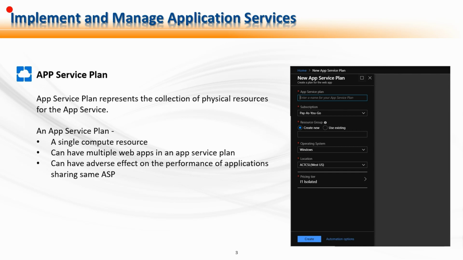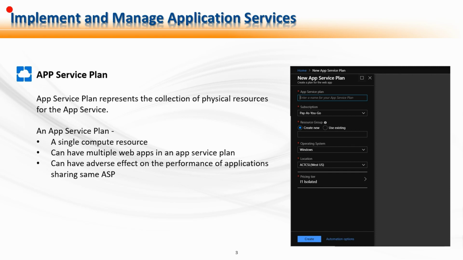Moving forward, let us understand what an app service plan is. An app service plan represents the collection of physical resources for an app service. An app service plan can have multiple web apps. In other words, we can have multiple web apps created in an app service plan. We can consider an app service plan as a single compute resource, or call it a virtual machine.